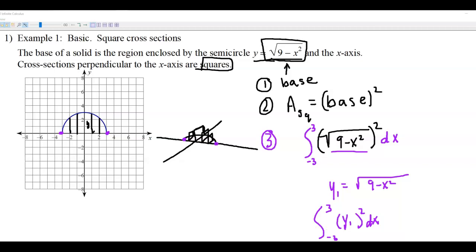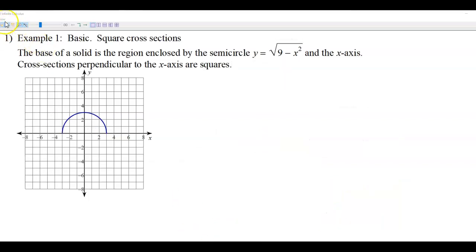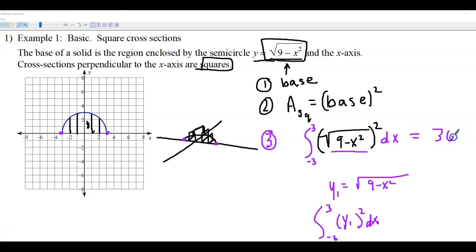So I'll tell you what you should get as a result. If you go ahead and work that out, you should get a final answer of, let's see, 36. Okay? So once again, the basic steps are identify your base, which in this case, since we're just going from the curve to the x-axis, is just the function itself, the y value, or the height, which is that equation there.